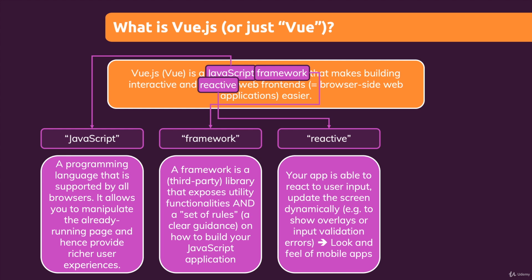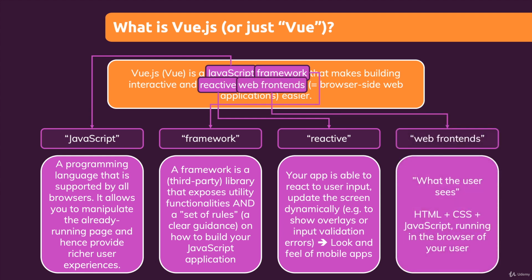So we want to provide a great user experience in the end, and Vue.js makes it easier for us to achieve that. And the web frontends part is also important. This basically means that Vue.js is involved with what the user sees. It's not a server-side framework. We don't use it with PHP or with Node. Well, we can use it with all of that, but simply in a combination, but it doesn't help us write better PHP or Node.js code because Vue.js is for the browser-side JavaScript.